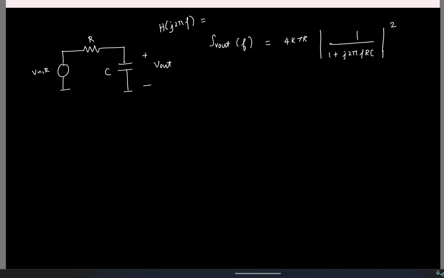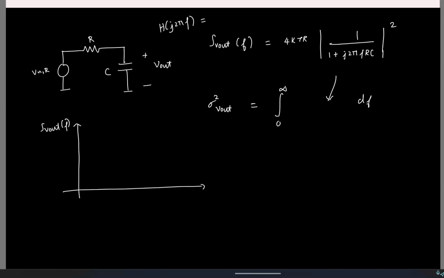Okay. So then to find the overall mean square value or the variance here, what do I do? I integrate the power spectral density from 0 to infinity. So this guy, and you work it out, this is anyway an assignment for you. But intuitively speaking, if I look at the output power spectral density, at low frequencies, what is the power spectral density value? At very low frequencies, it's just 4kTR, right?